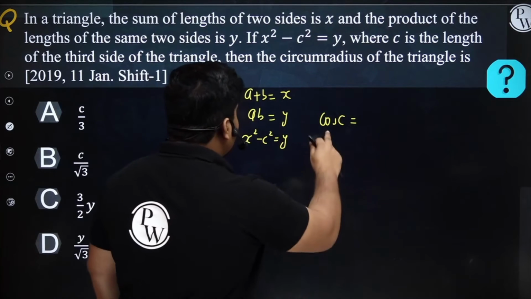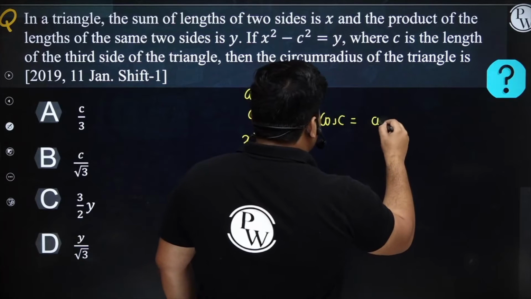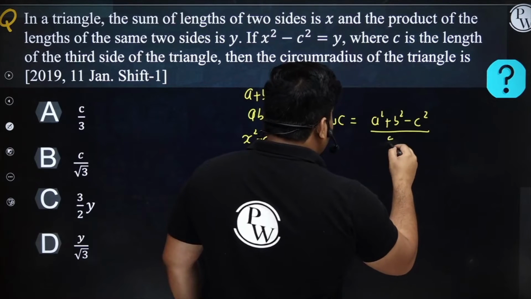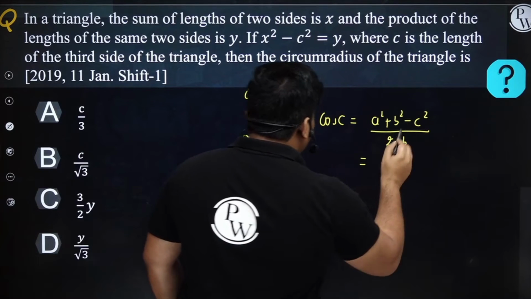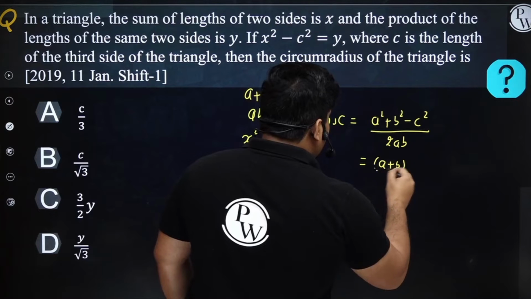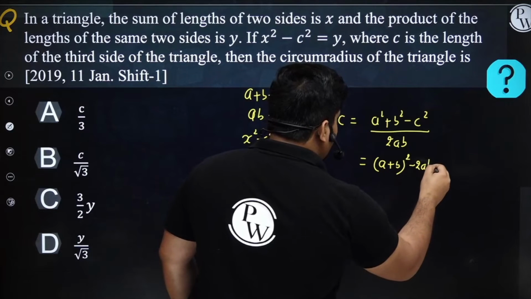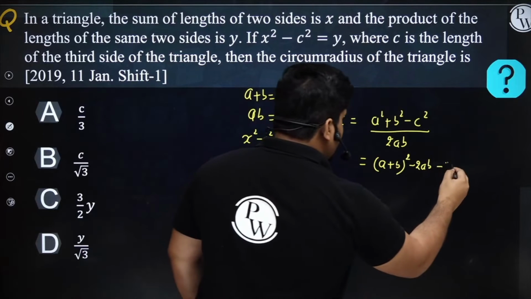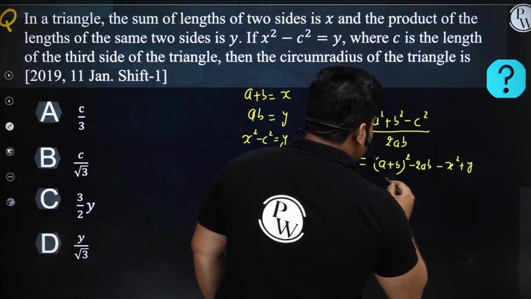What is cos C? Cos C will be equal to a square plus b square minus c square, divided by 2ab. So a square plus b square will be equal to what? It is a plus b whole square minus 2ab, and c square I can replace with x square minus y. So this will become minus x square plus y.